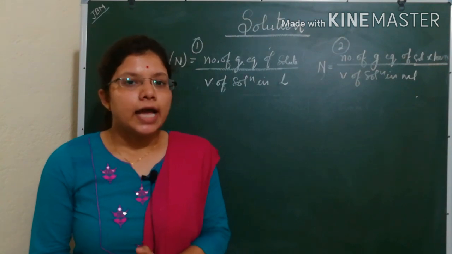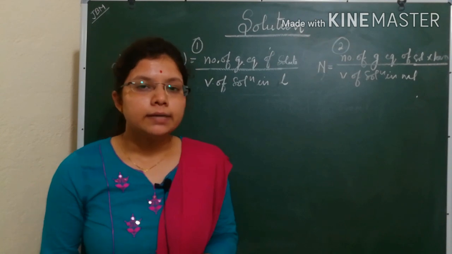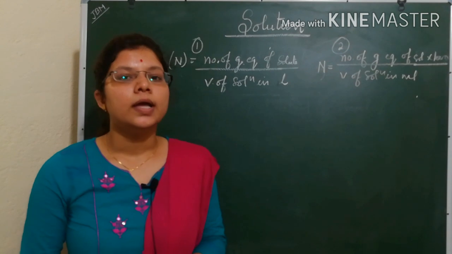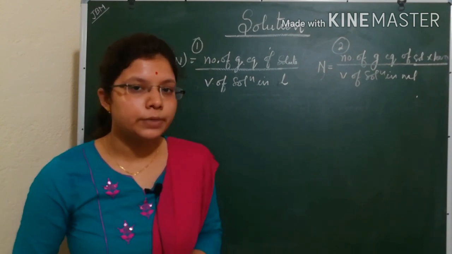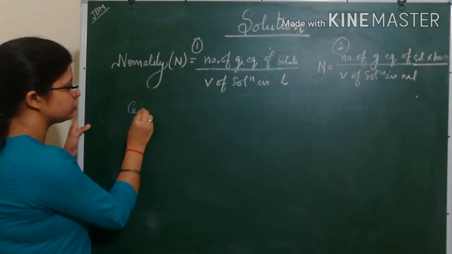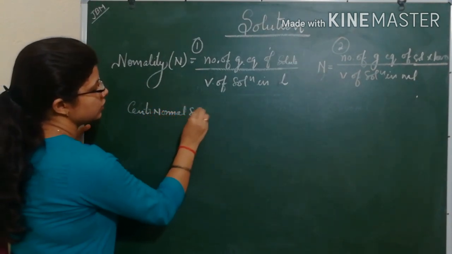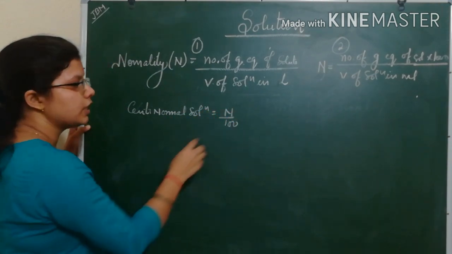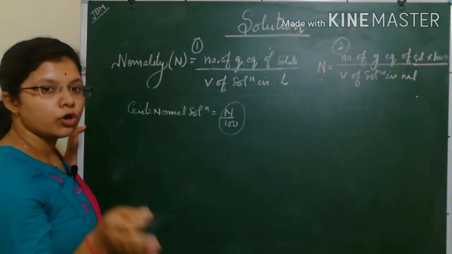Okay. One thing I want to tell you that is very important in the normality question. Sometimes in a question they provide information like this. Sometimes they say centi-normal solution. What is the meaning of this? N by 100. If they say centi-normal solution, the normality is N by 100. They are already providing you the normality of a solution.